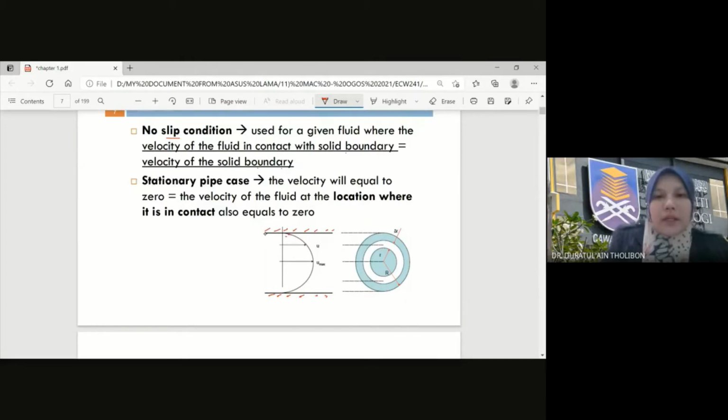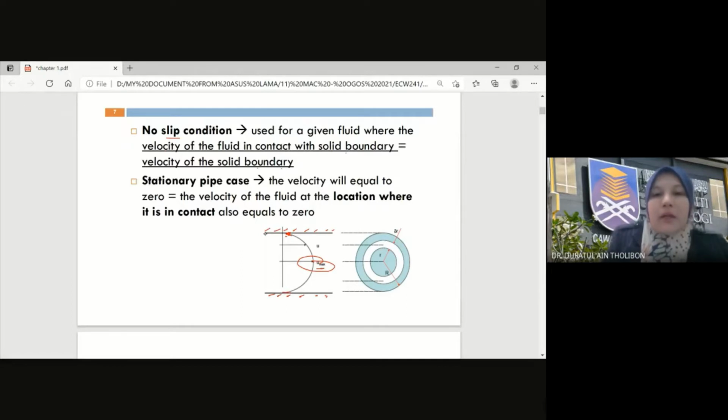Bila dia ada geseran dengan boundary of the pipe, flow yang mengalir kat sini lebih rendah dia punya velocity as compared to the flow yang mengalir di tengah-tengah ni. Sebab tu di tengah ni kita label as U maximum, velocity yang maksimum berlaku di tengah-tengah pipe. Kemudian bila sampai kat boundary balik, velocity dia makin kurang sebab ada geseran dengan friction oleh batang pipe ni.